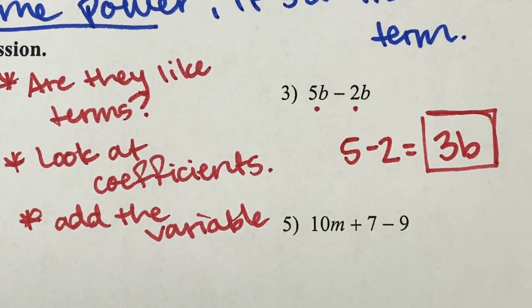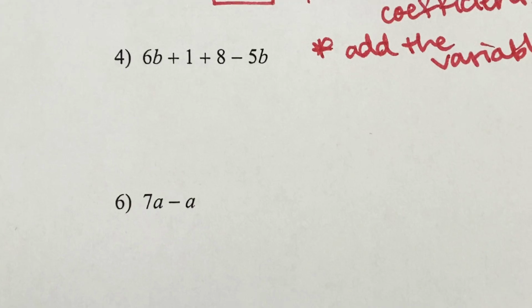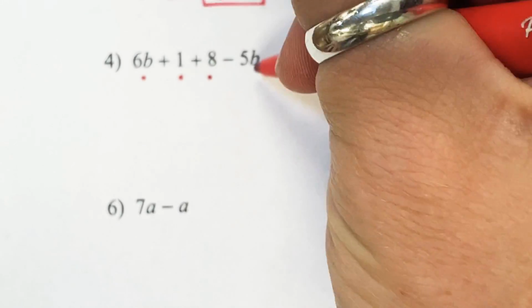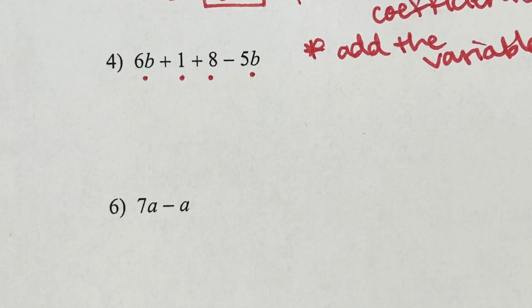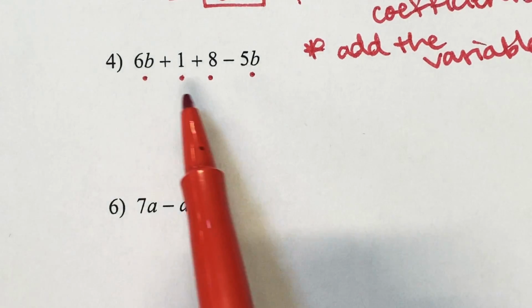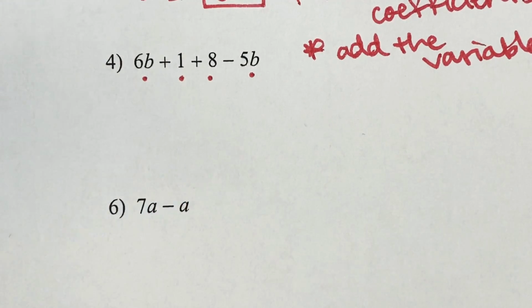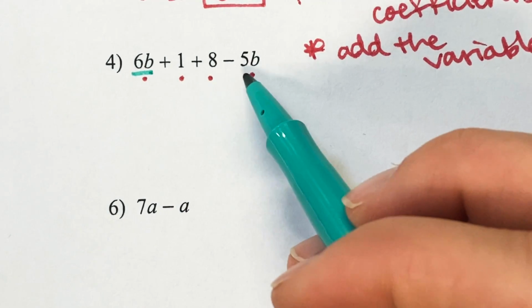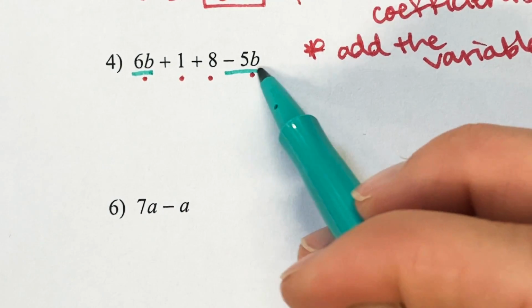Perfect. Okay, let's look at number 4. In number 4, I have 1, 2, 3, 4 terms. What terms are alike here? Meaning same variable to the same power. I see a 6b right here, and then the only other like term is this negative 5b, right?